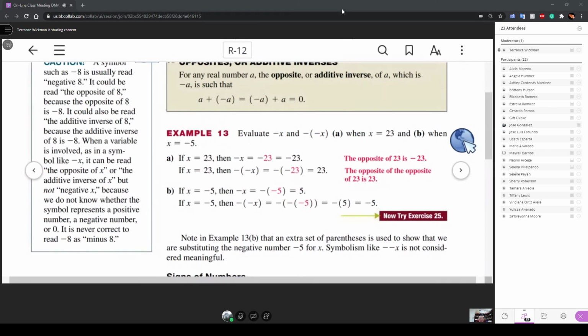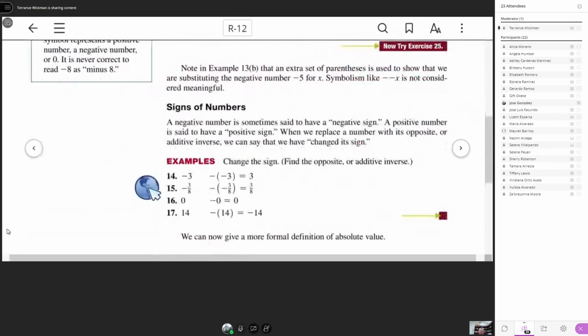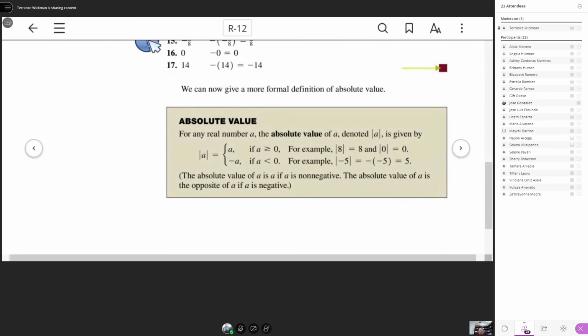So the opposites are the same numbers, but with different signs. They always add to 0. So if I asked you, what's the opposite of -3? You're going to say 3. What's the opposite of -3/8? You're going to say +3/8. The opposite of 0 is nothing. There's no such thing as -0. So the opposite of 14 is -14.